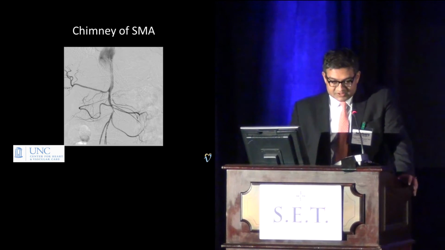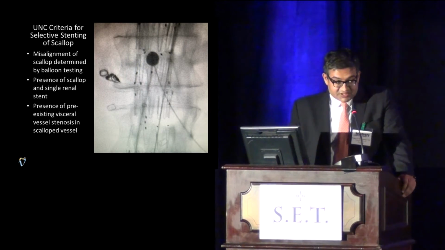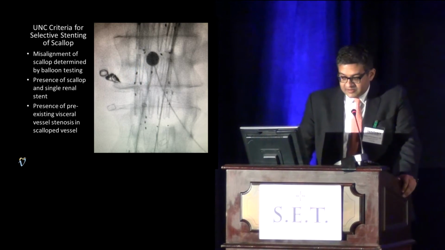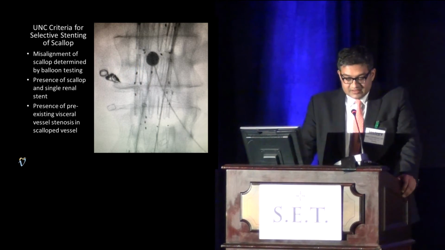The most common derivation of the Cook Zenith fenestrated device is two small vessel fenestrations for the renal arteries as well as an SMA scallop. We don't stent all of our scallops. We practice selective stenting, where we place a balloon, as you can see in this diagram, in the SMA scallop and balloon it to see if the visceral segment moves.